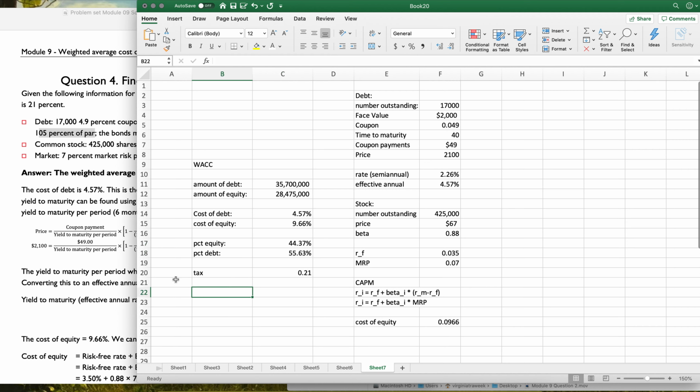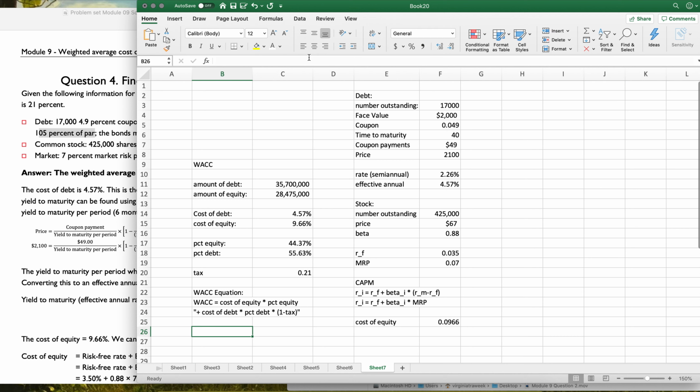The last step is just to do the WACC calculation. And if you don't remember it, let's type that in. It's going to be the cost of equity times the percent equity plus the cost of debt times the percent debt times 1 minus the tax rate. I think I have to put it in parentheses.